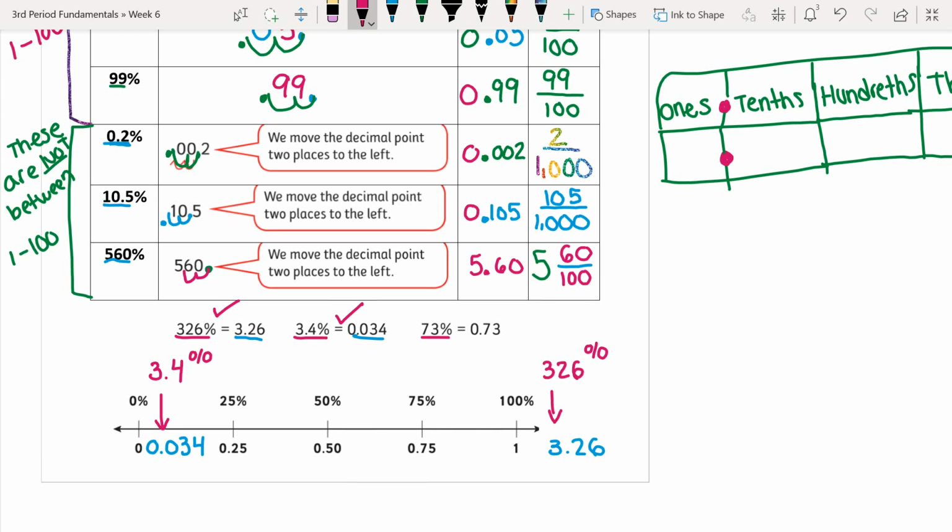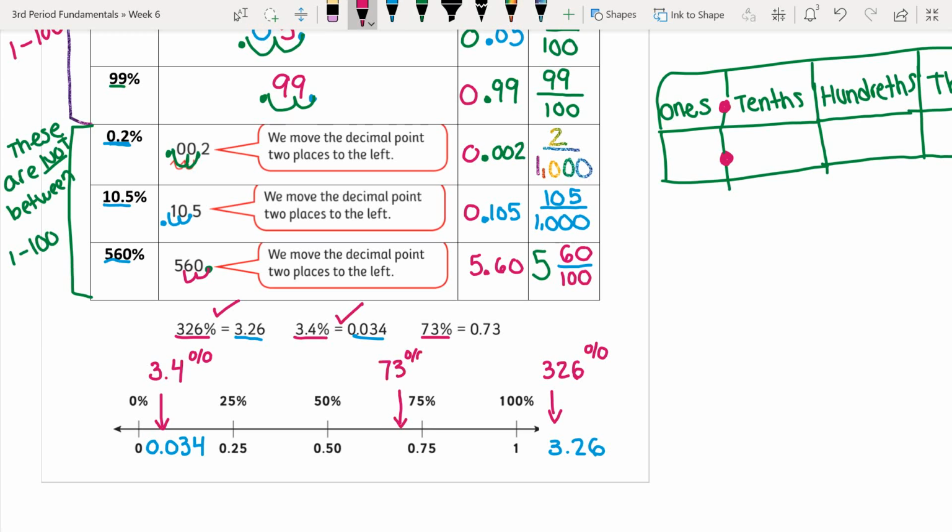The last one is 73%. I want you to do a quick pause on the video. Write down where 73% is on this number line. Okay, hopefully that was probably the quickest pause that you had to do. 73. Well, that's pretty darn close to the number 75. So when I draw my arrow, I'm going to draw close to the number 75%.